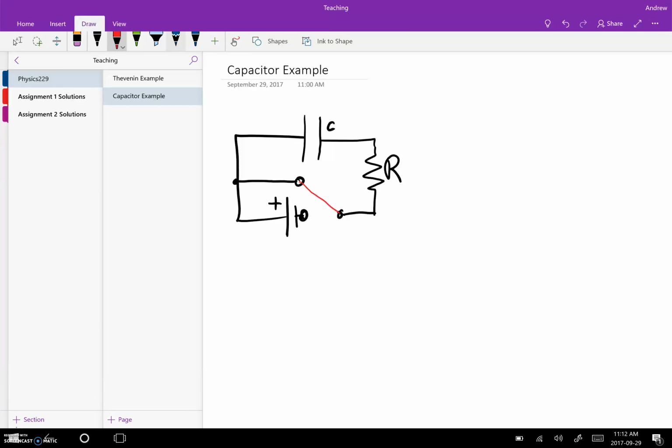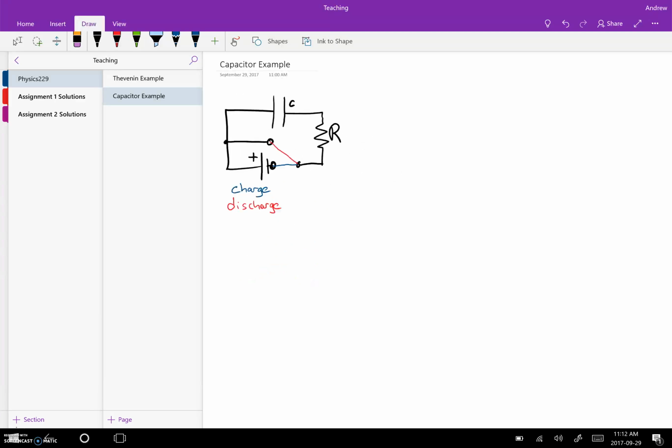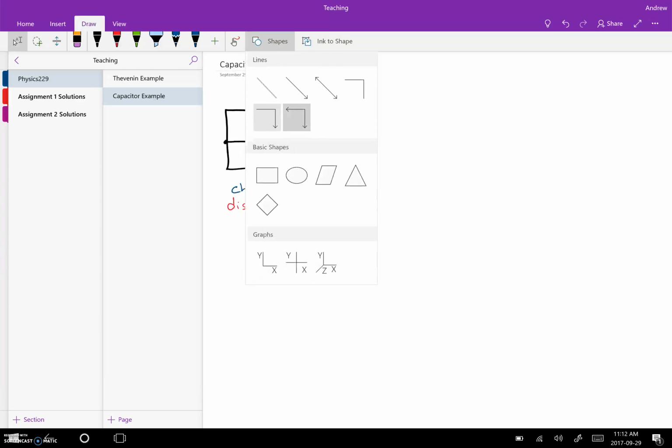Or we can have the switch closed on the battery here, and that'll allow us to charge up the capacitor. So depending on which way the switch is oriented, we can either charge or discharge the capacitor. So let's roughly understand what's going on here.